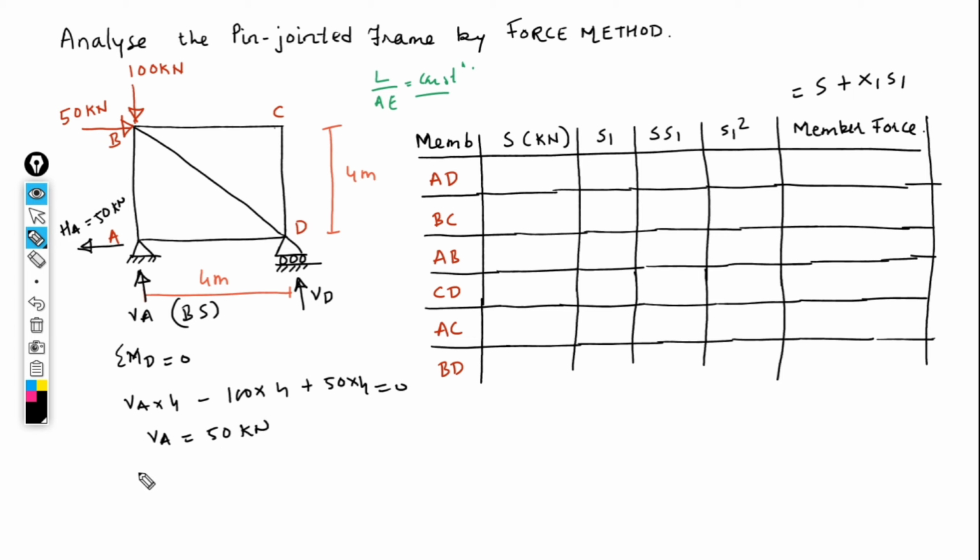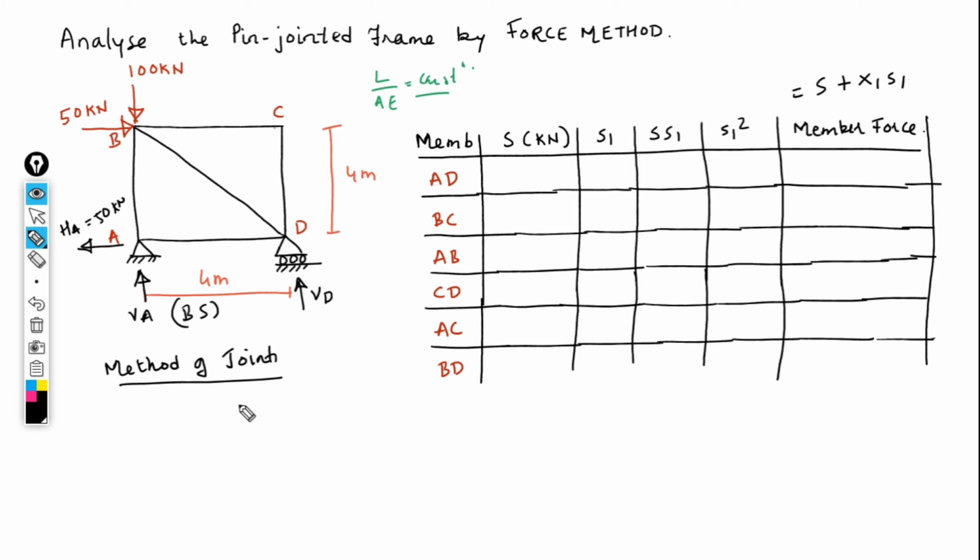Once you get the value of Va, you can solve for Vd by using summation of Fy equal to 0. Consider all the vertical forces, sum them and equate to 0. Va plus Vd minus 100 equal to 0. Substitute the value of Va here. Vd will also be 50 kilonewton.